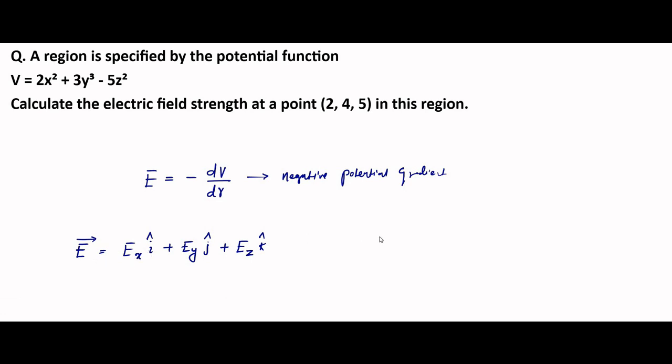So here Ex, the x component of the electric field, is given by minus del V by del x, that is partial differentiation of the potential function.